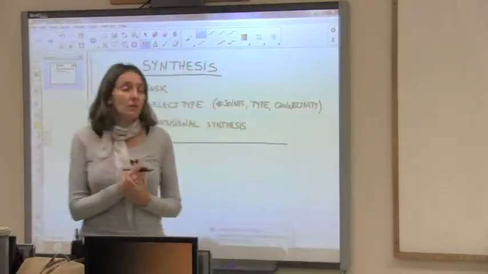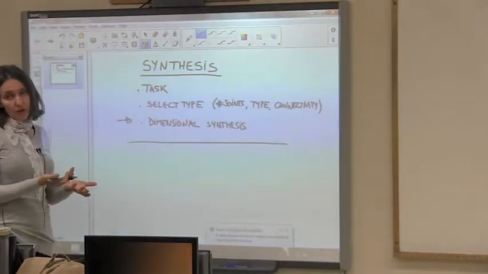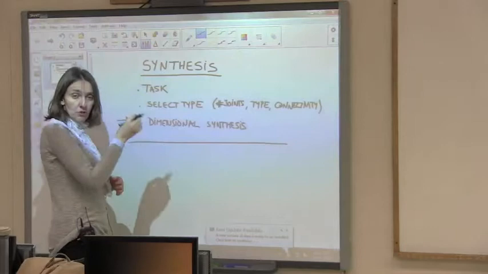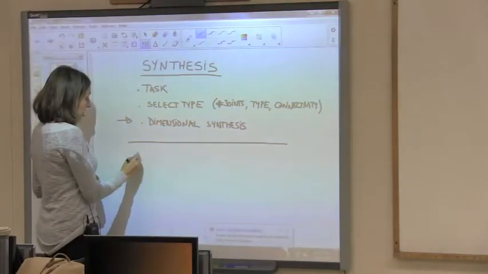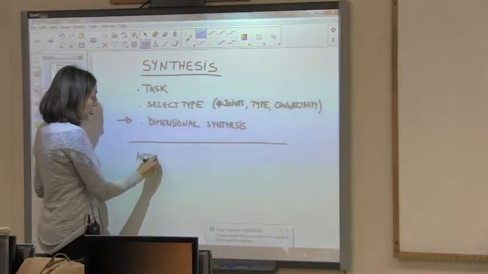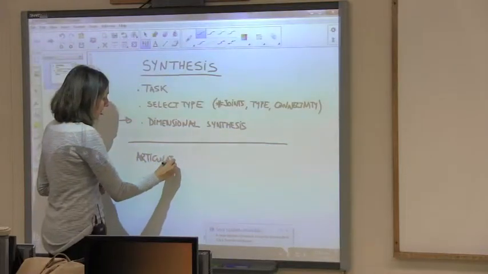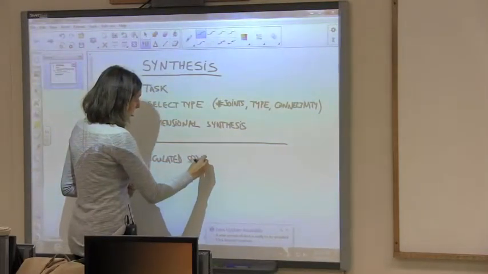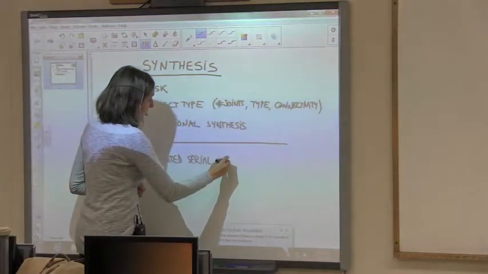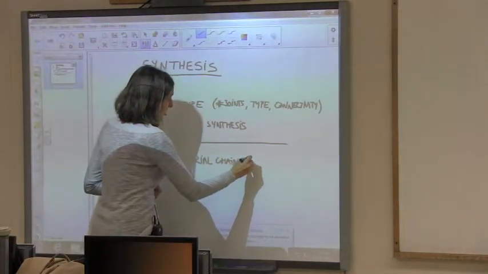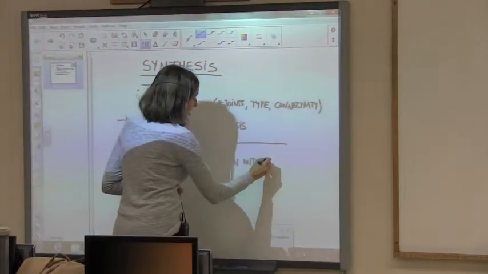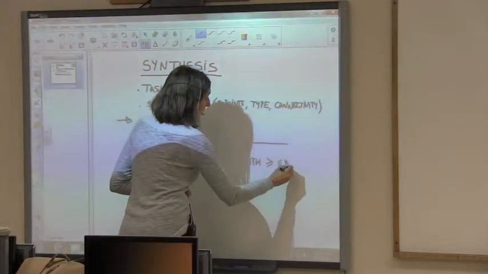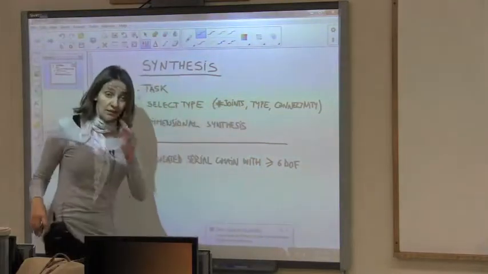So if you have an articulated system with 6 or more degrees of freedom, then you can reach any possible position. And I'm talking about an articulated serial chain with more or equal to 6 degrees of freedom. If it has more, then it's called a redundant robot.